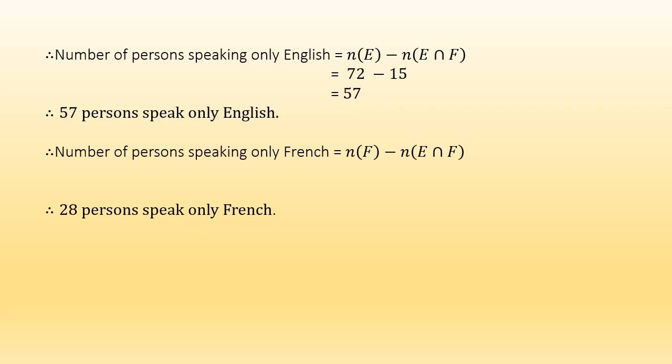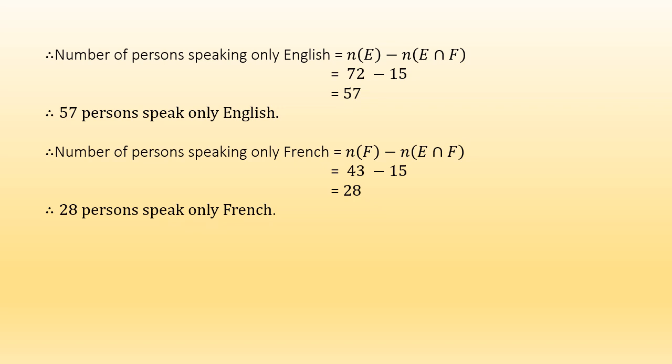N of F is 43 minus 15. So we get the answer as 28. Therefore 28 persons speak only French language. So here we come to the end of sum number 3.